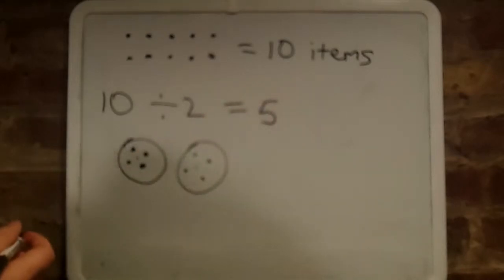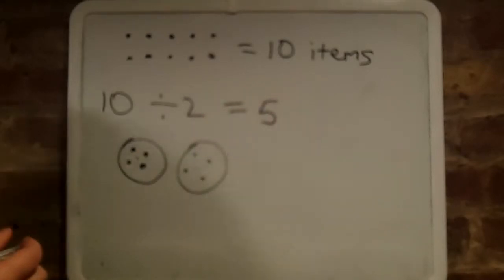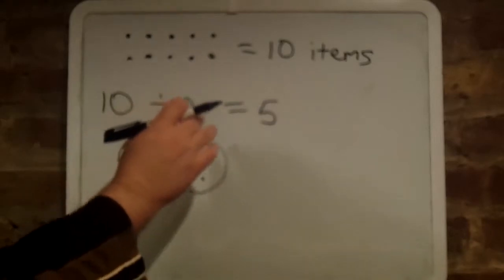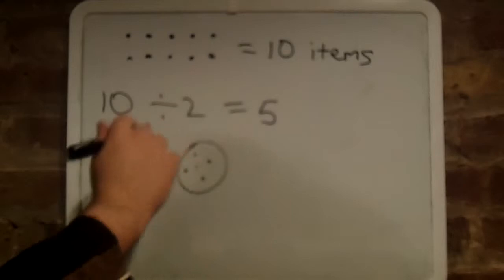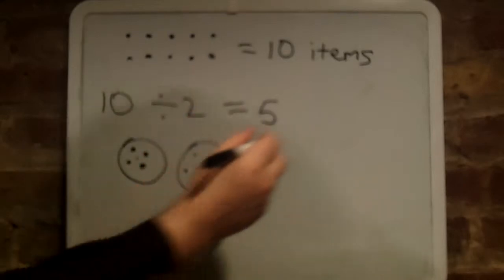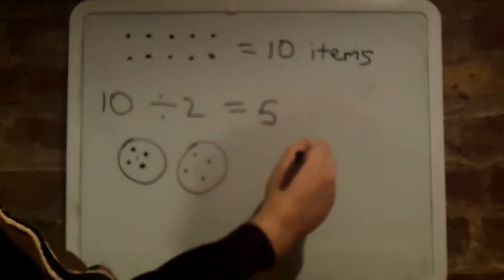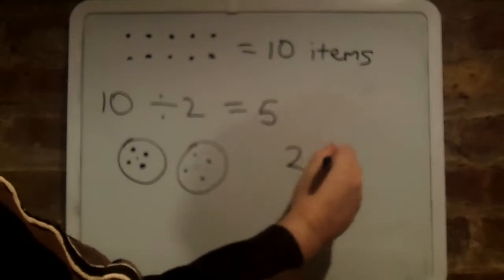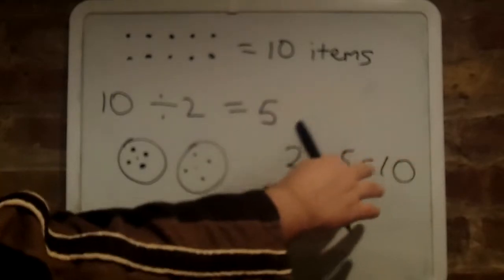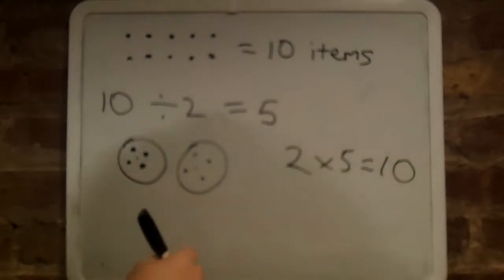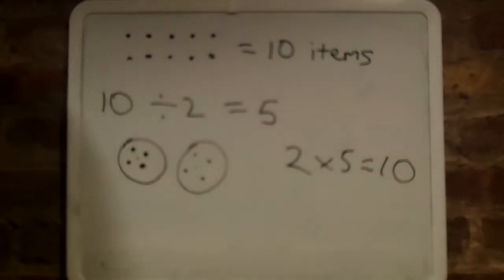And if you know your multiplication tables, you can see immediately that since we know that 2 times 5 is 10, that means if we divide 10 by 2, we're going to get 5. So it's related to the idea that 2 times 5 is 10. 2 groups of 5 in each group gives us 10. So that's the idea there.